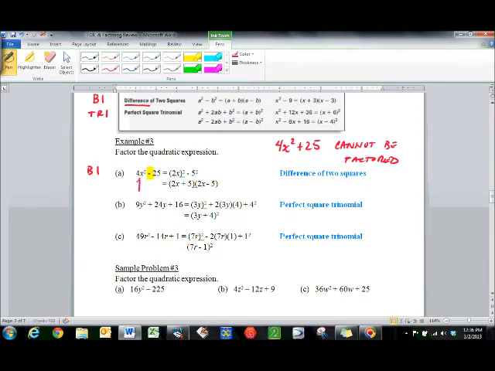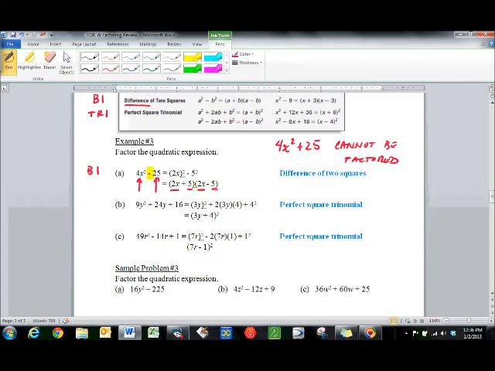So 4x squared is a perfect square, and 25 is a perfect square, which means each can be broken up into two smaller parts that are exactly the same. And since it's a difference of two squares, it is separated by a subtraction sign. In this pattern, the 4x squared can be broken up into 2x and 2x, the exact same term. The 25 can be broken up into 5 and 5. So we have two perfect squares.